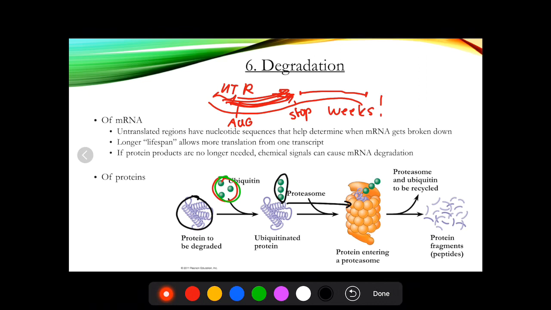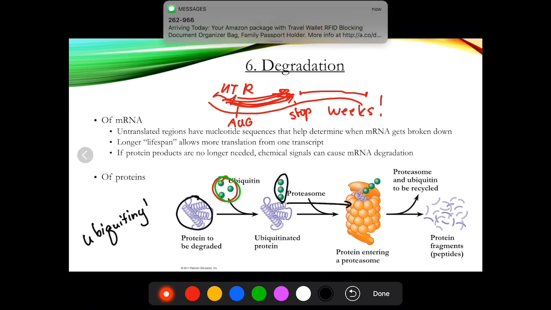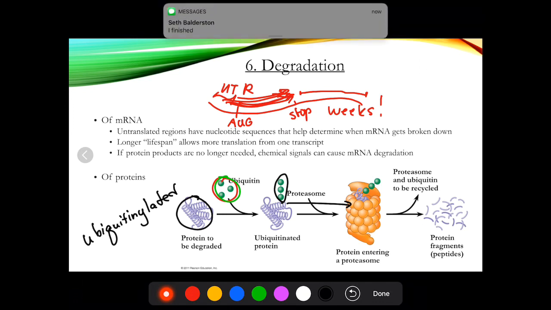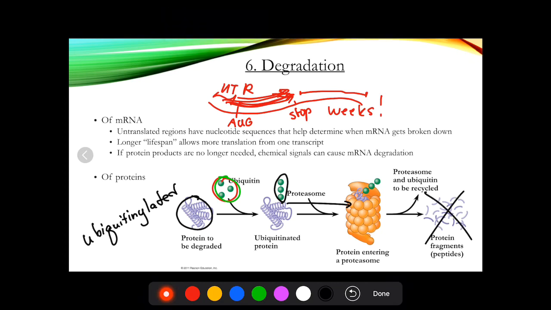And the proteasome is like a little destruction complex that breaks everything down. So proteasomes are just looking for ubiquitinated proteins. I think that's the right word. Anyway, ubiquitinated. Who cares? If the protein has ubiquitin on it, the proteasome is going to be like, bam, destruction, cleave everything, break it into wee little pieces, and voila.